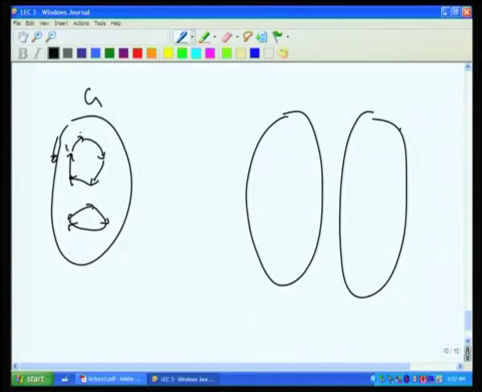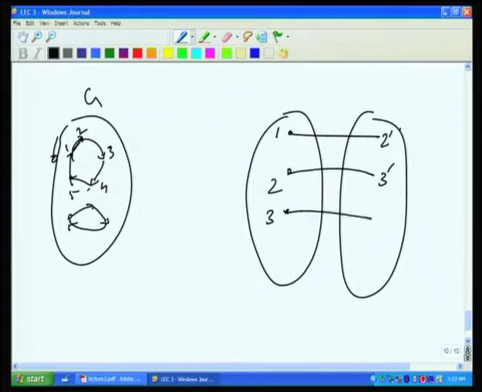So, this is say 1 2 3 4 5. What do we see corresponding to this cycle cover here? This 1 2 edge will translate to a 1 2 dash edge here, and 2 3 edge will translate to a 2 3 dash edge, and then 3 4 edge will translate to a 3 4 dash edge here, and like that.